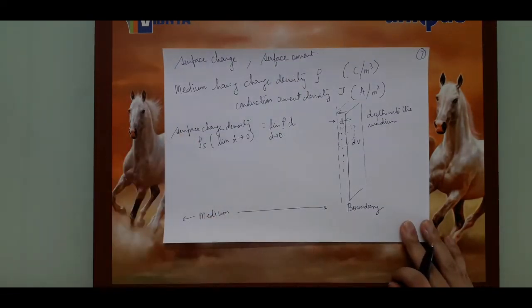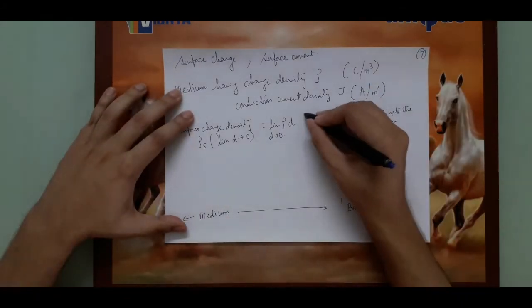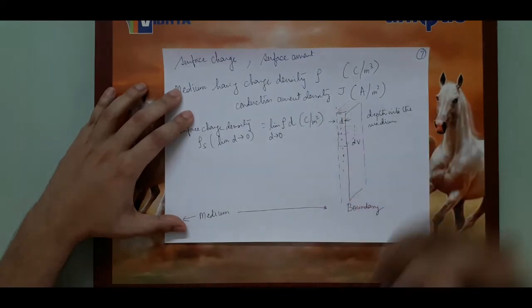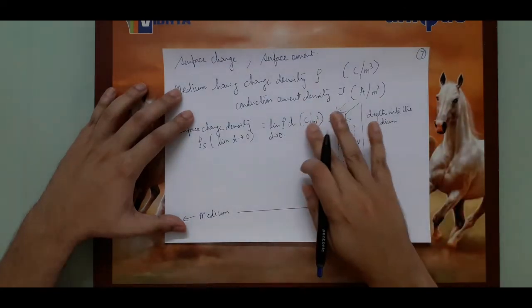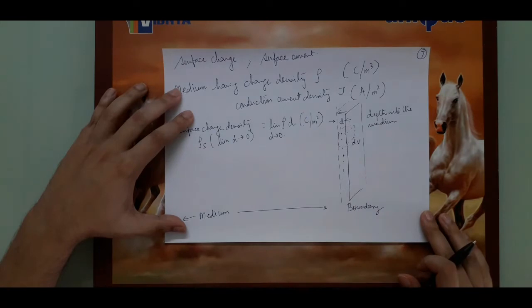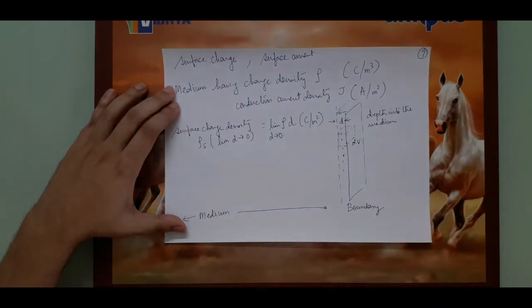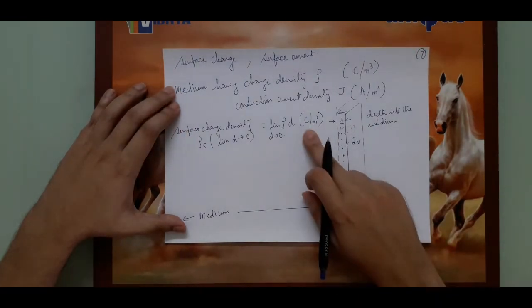This is called surface charge density, and the unit is coulomb per meter square, because I am talking about density of charges on a surface. So therefore obviously it has to be per unit area.